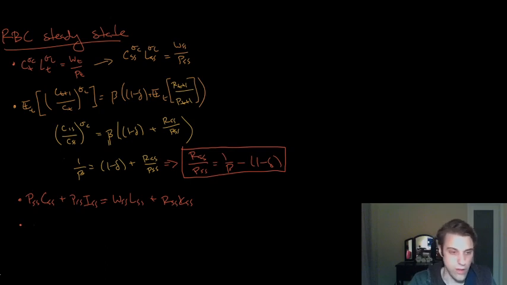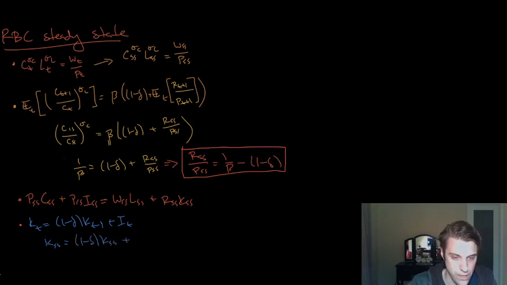Okay, last we have the law of motion of capital, which was K_t is equal to 1 minus delta times K_t-1 plus I_t. As you can probably see, we're going to get K_ss on both sides when we send this to the steady state. So maybe it's interesting to solve for I_ss. We subtract this part to the left, so we'll have K_ss minus 1 minus delta K_ss is equal to I_ss.